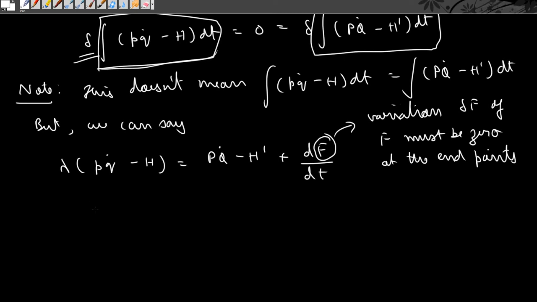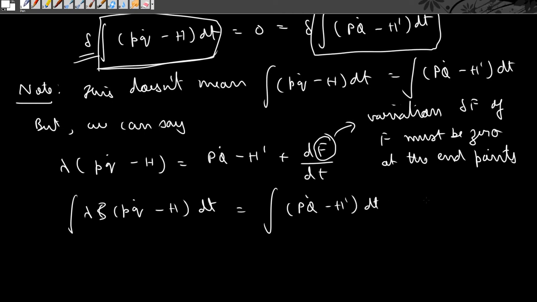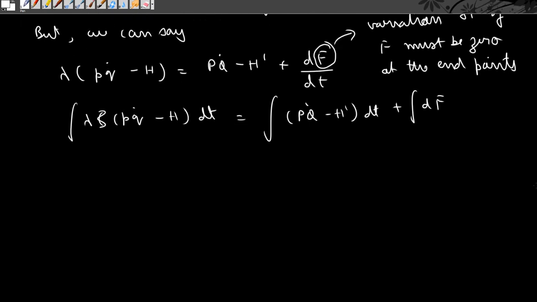Now if we take the integral of this equation, we have the integral of lambda (p q dot minus H) dt equal to the integral of (P Q dot minus H dash) dt plus the integral of dF. This in turn can be written as the integral of (P Q dot minus H dash) dt plus F final minus F initial, that is the value of the function F at the final and initial coordinates.